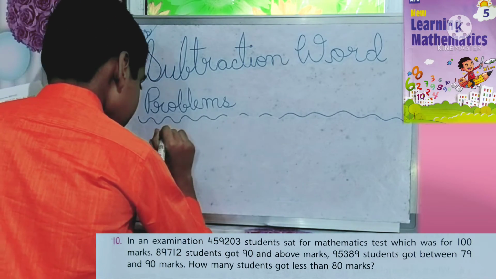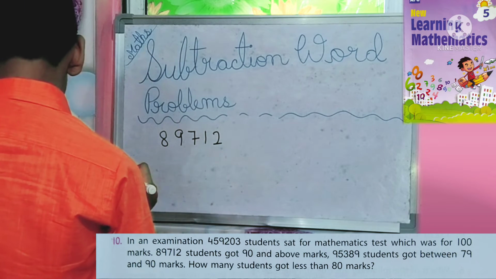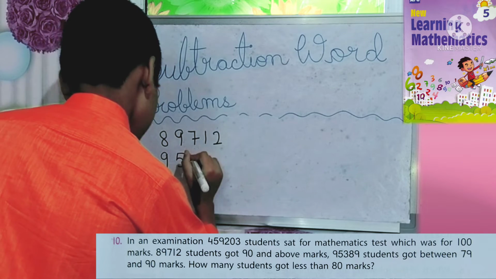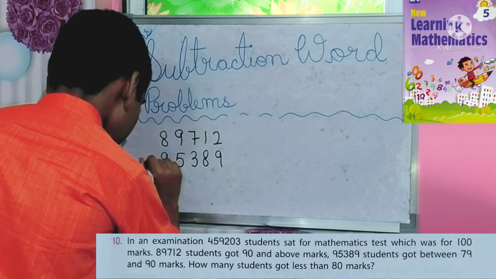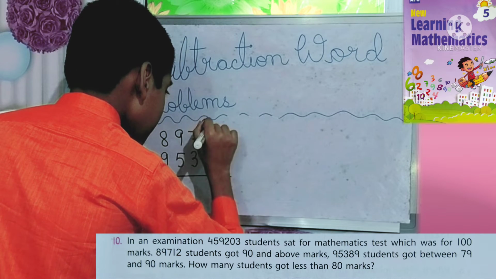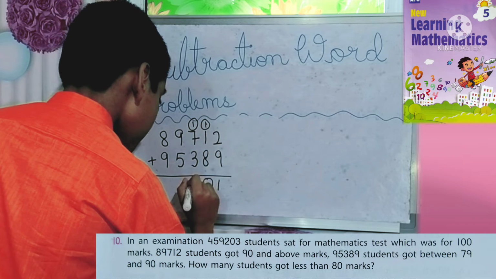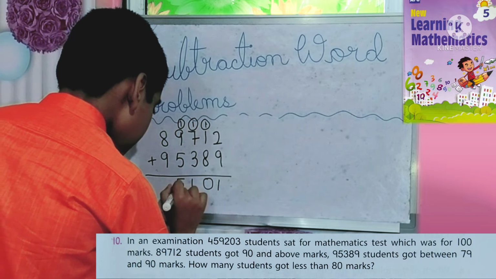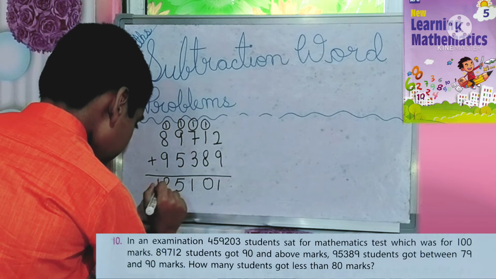So first add this. 9 plus 2, 11. 1 will be carried here. 8 plus 1, 9, plus 1, 10. 1 will be carried here. 7 plus 3, 10, 11. 1 will be carried here. 9 plus 1, 10, 10 plus 5, 15. 5, 1 will be carried here. 8 plus 9, 17, plus 1, 18.